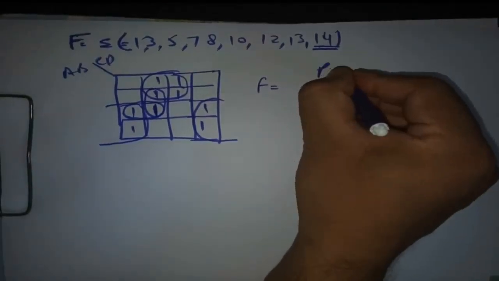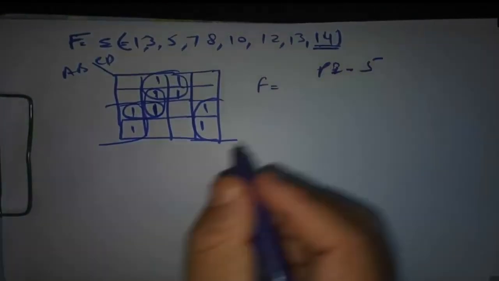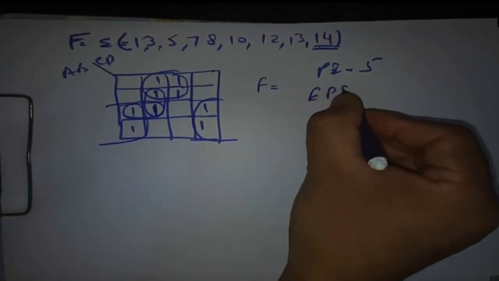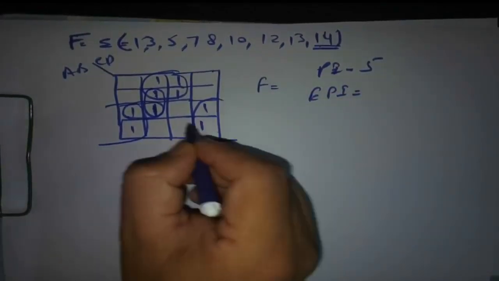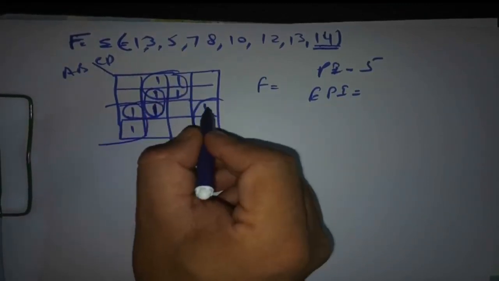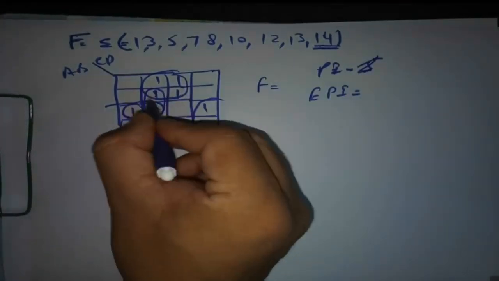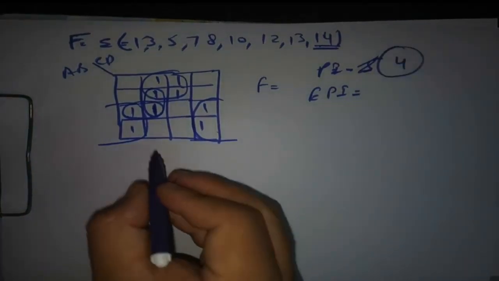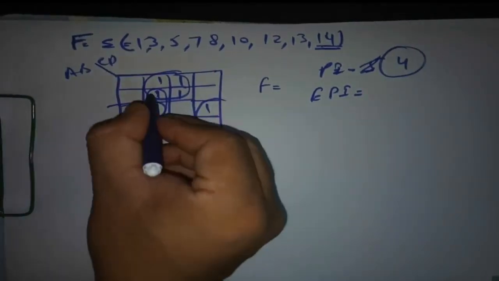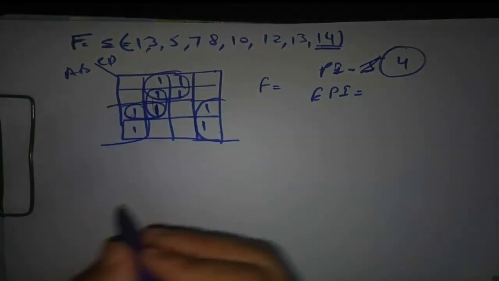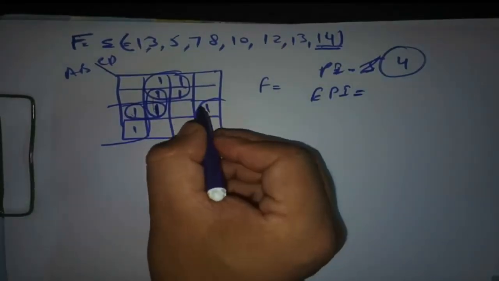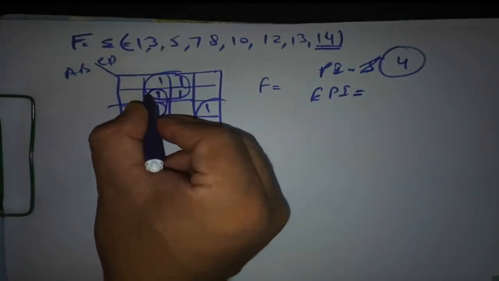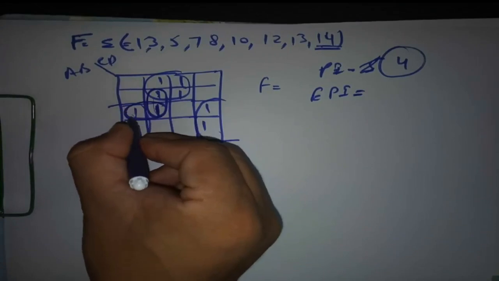The total prime implicants are 5, but the essential prime implicants are only 1, 2, and either this or this.